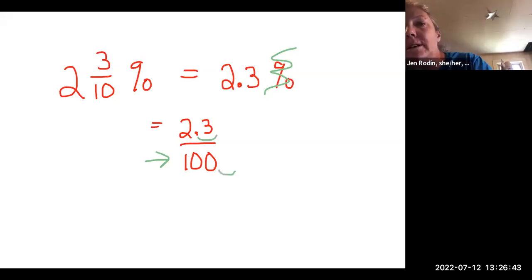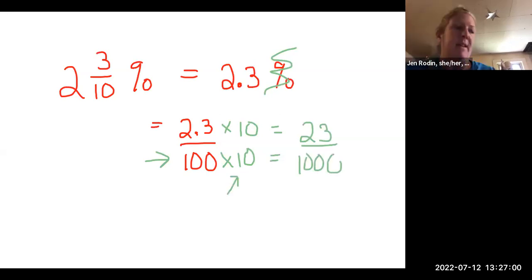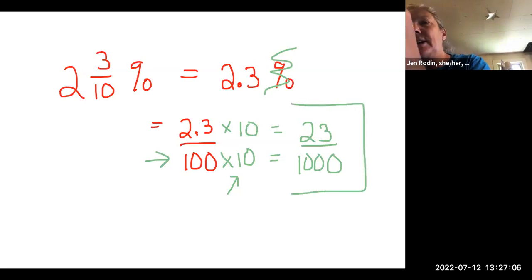But what we're doing when we do that, in case you're a critical thinker, which is good, is multiply by what's going to get the decimal off to the side. And then you do the same to the bottom. There. So that would be 23/1000 as a fraction.